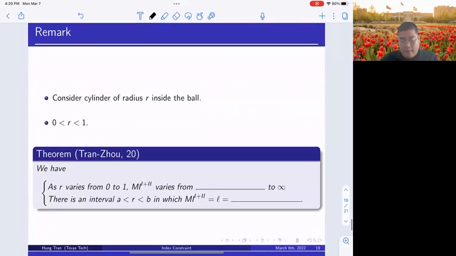We consider a family of cylinders of radius r inside the unit Euclidean ball, and here we let r vary between 0 and 1. So here we have a concrete capillary surface with a lot of symmetry, rotational symmetry.